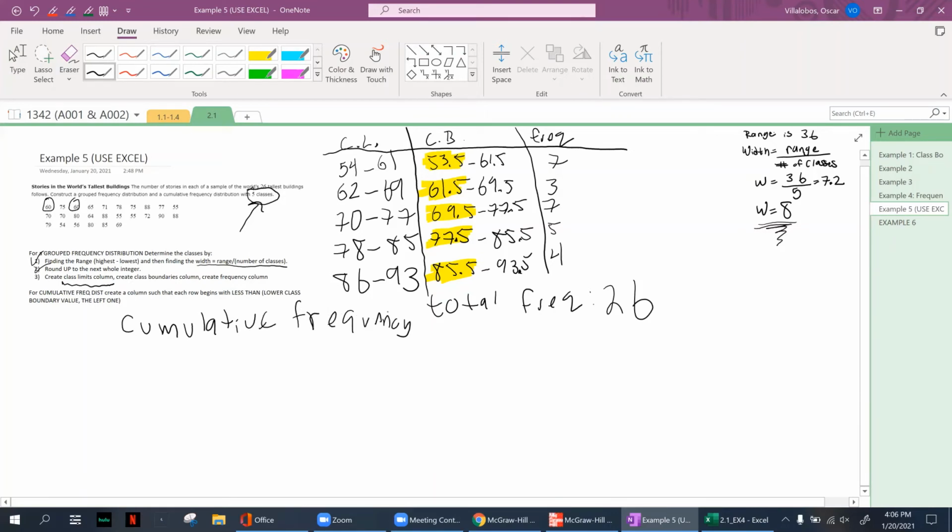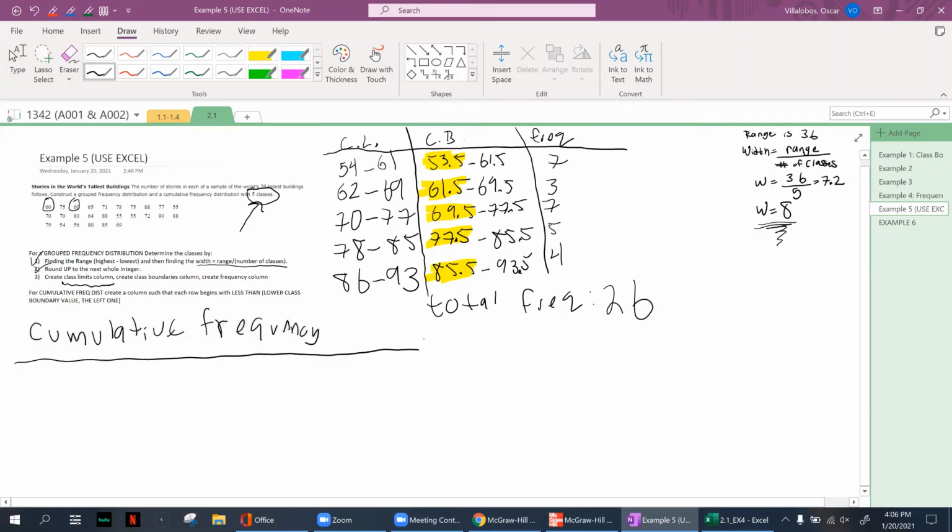Here is the cumulative frequency table. And how do those numbers come into consideration? You're going to create a table that says everything less than 53.5.